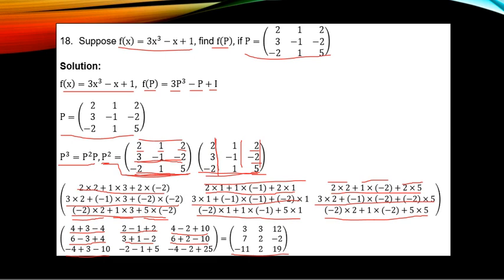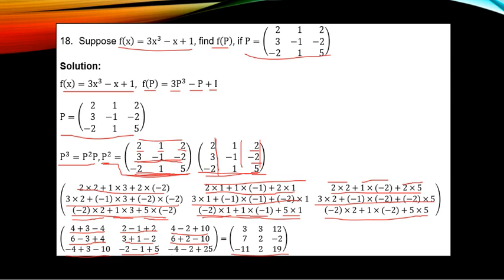Then for the second entry in the third row, you have minus 2 minus 1 plus 5. That is minus 2 times 1, minus 2, plus 1 times minus 1, you have minus 1, and 5 times 1, you have 5.